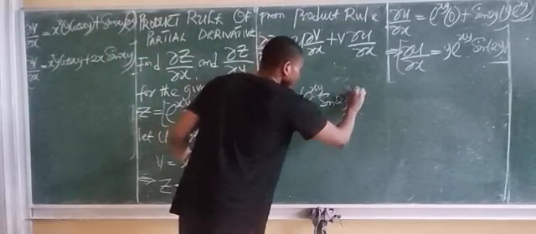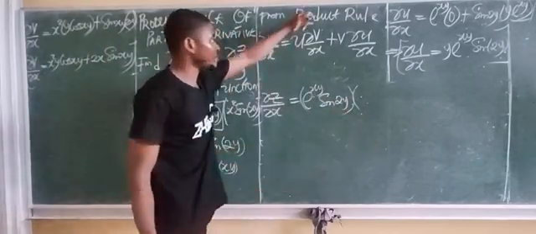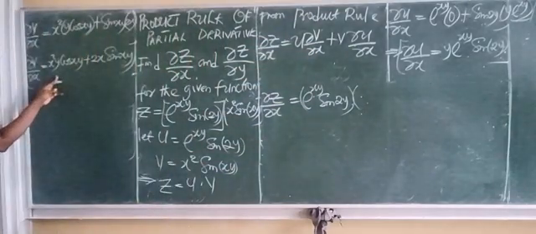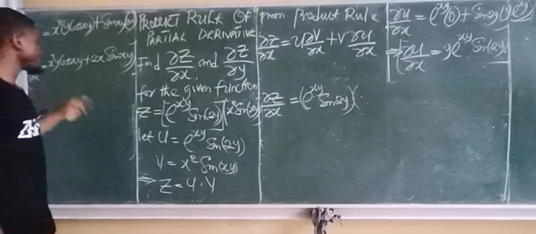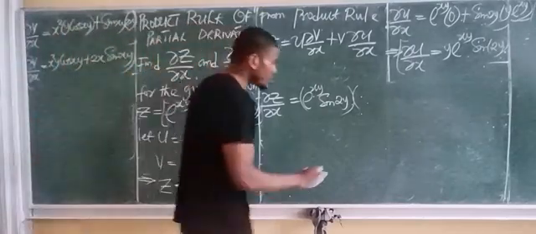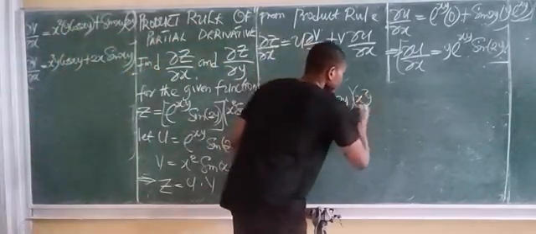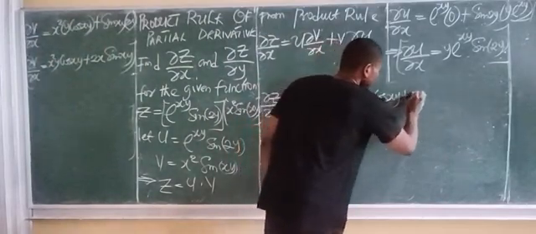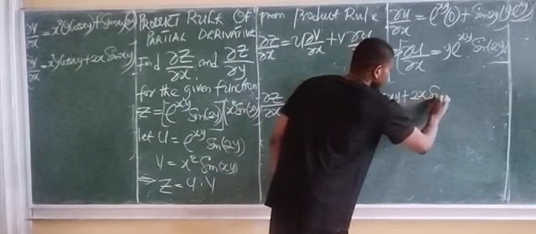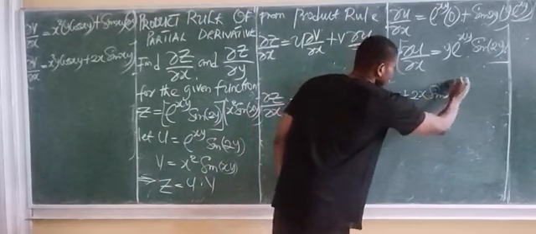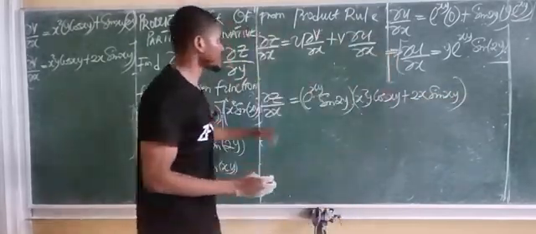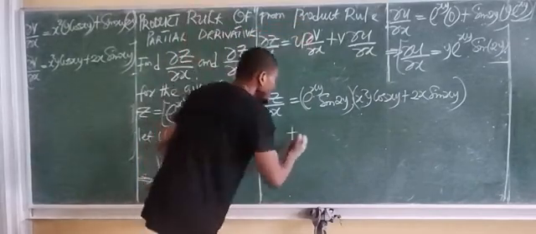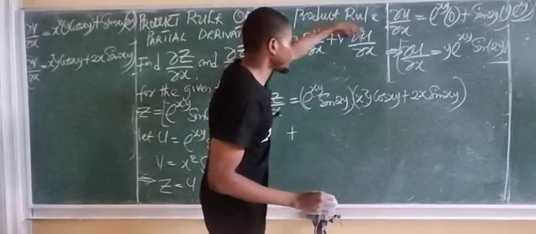This multiplies by the partial derivative of v with respect to x, and partial v partial x gave us this x squared y cos xy plus 2x sine xy. So we simply have x squared y cos xy plus 2x sine xy. So we have this, that's the first part, u partial v partial x plus, now we go with v partial u partial x.